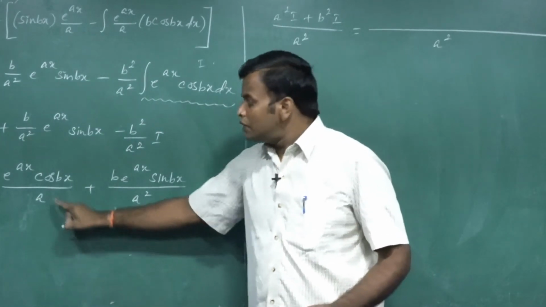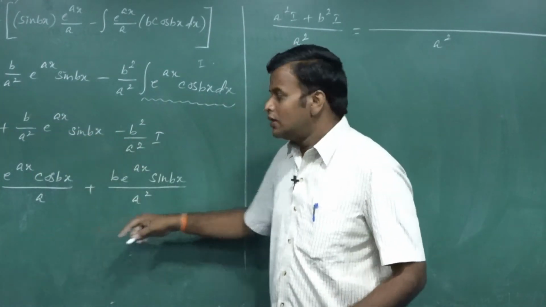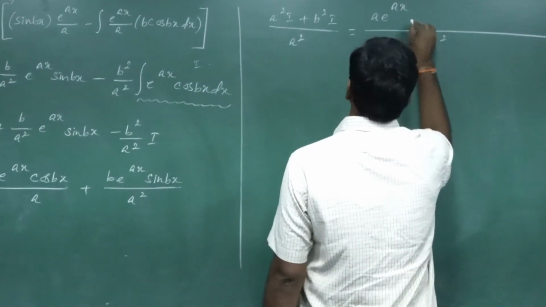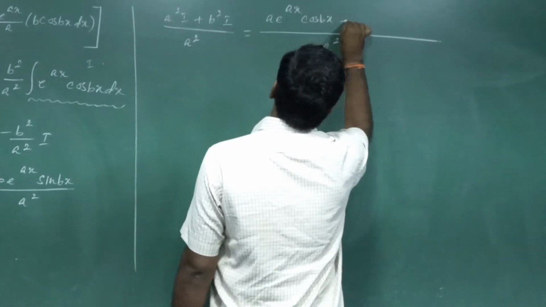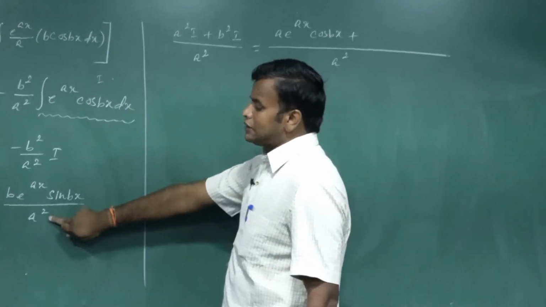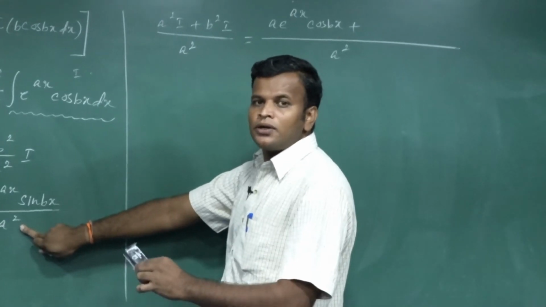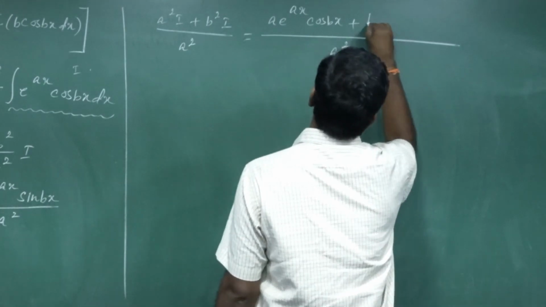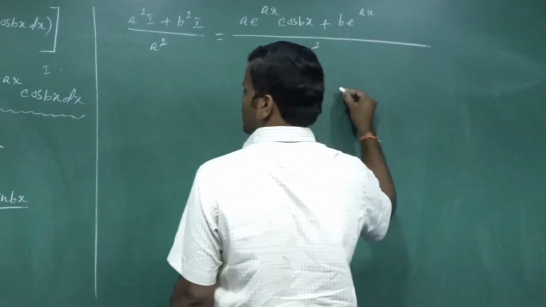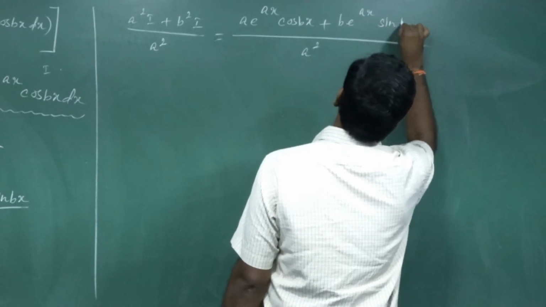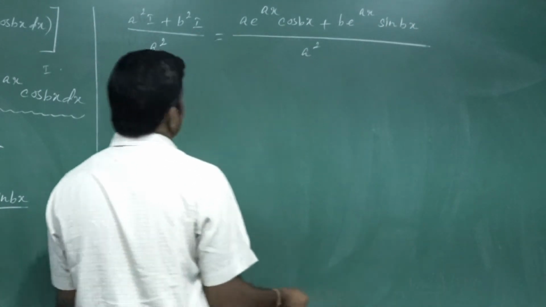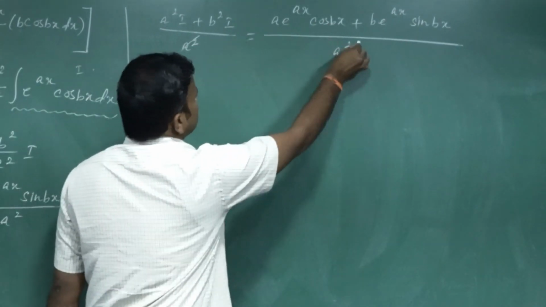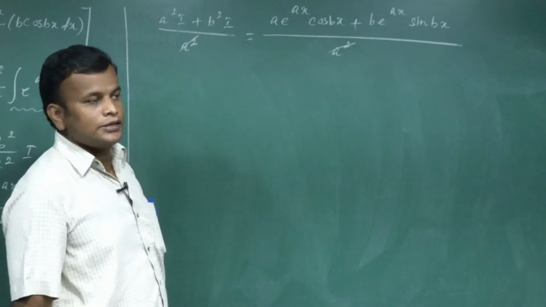So we multiply the term a to the numerator, we get a into e power ax cos bx plus. The second term's denominator already is the LCM, so you write the numerator as it is: b e power ax into sin bx. Any term cancelled here? You see, these a squares are fully cancelled.